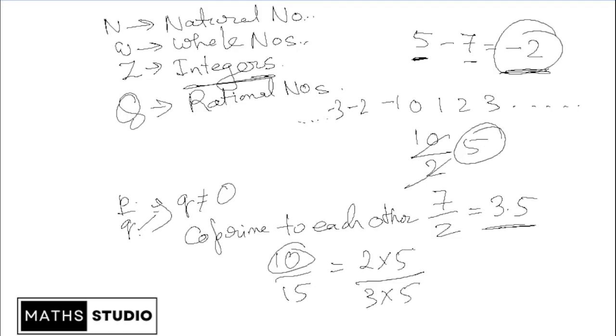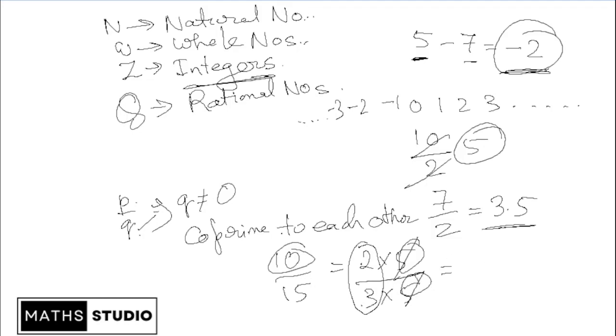Now what are we getting? 5 is common to both, so I'll cut them off. 2 and 3, they cannot divide each other relatively. That is, there is no common factor between them. So with comparison to each other, they are prime to each other, and 2 and 3 are actually prime numbers also. Okay, so now this is in that stage, that is, they are co-prime to each other.